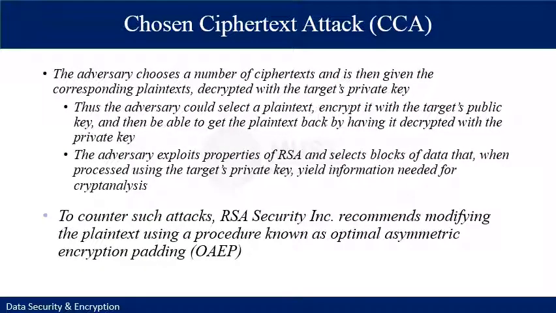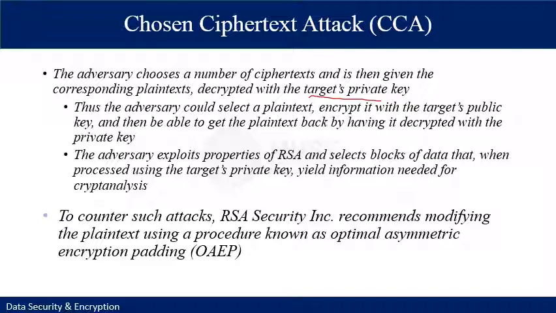Another form of attack is the chosen ciphertext attack, and the basic RSA algorithm is vulnerable to this kind of attack. The chosen ciphertext attack (CCA) is defined as an attack in which the attacker chooses a number of ciphertexts and is then given the corresponding plaintext decrypted with the target's private key.